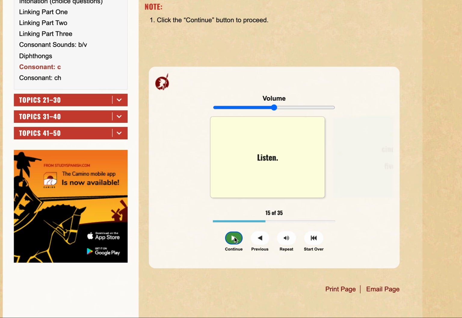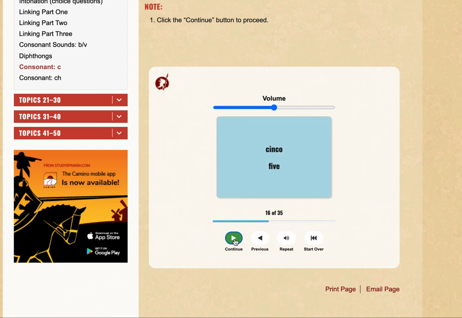Let's take a look. Cinco, cinco. Listen as each word is repeated twice, once by a Spaniard and once by a Latin American.